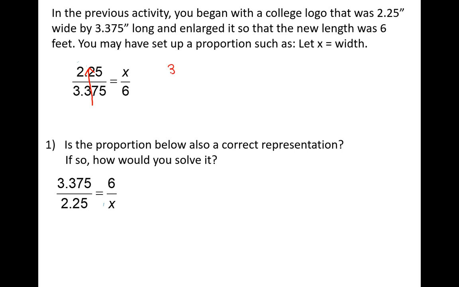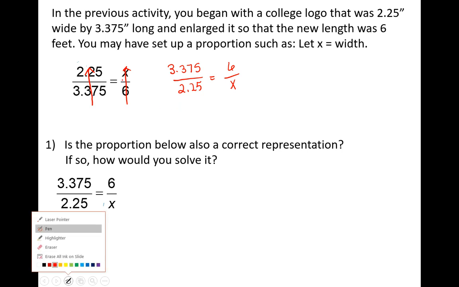Let's put 3.375 on top, 2.25 on the bottom. And if we go that way here, then we're going to go that way here. And we'll put 6 on top and x on the bottom. That, of course, gives us what they had below. So one way you can get an equivalent is simply to flip them both.